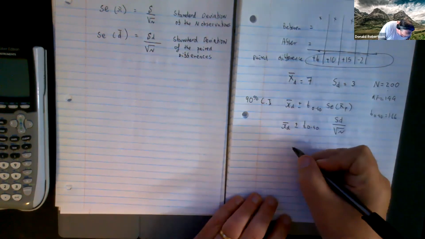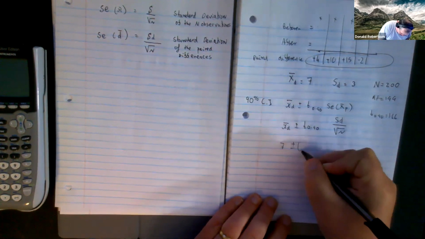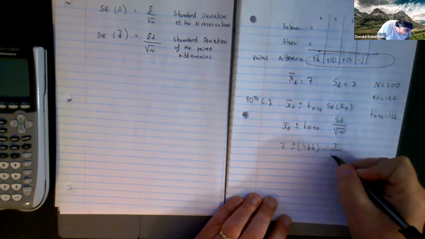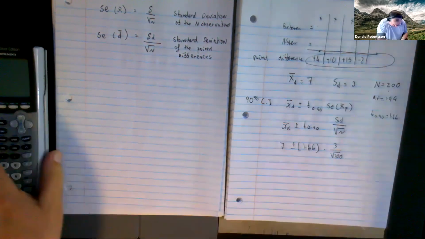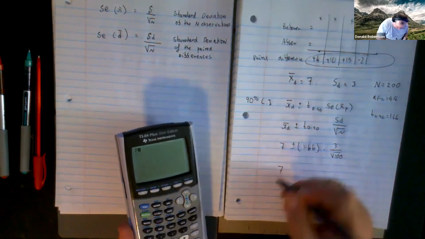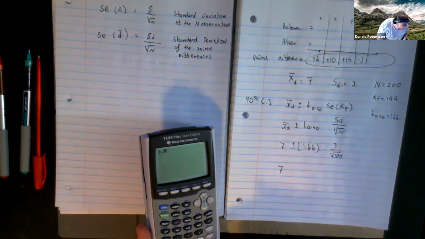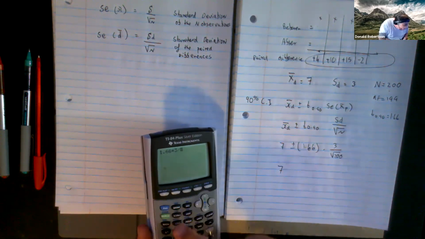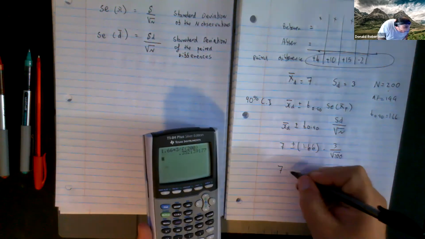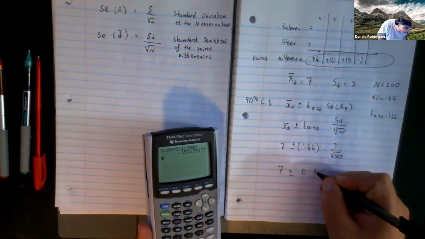So it's 7, give or take 1.66 times 3 over the square root of 200. I don't need to type that in. I have 1.66 times 3 divided by the square root of 200, and I get plus or minus 0.35.